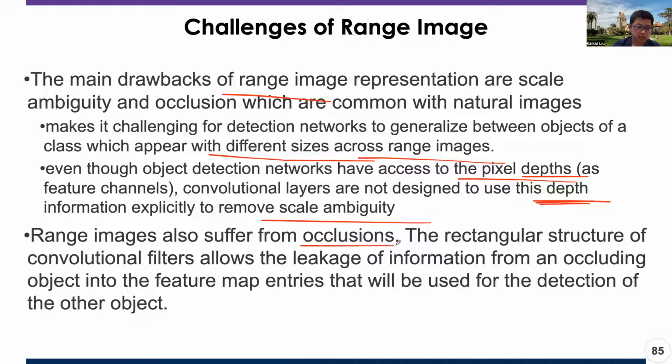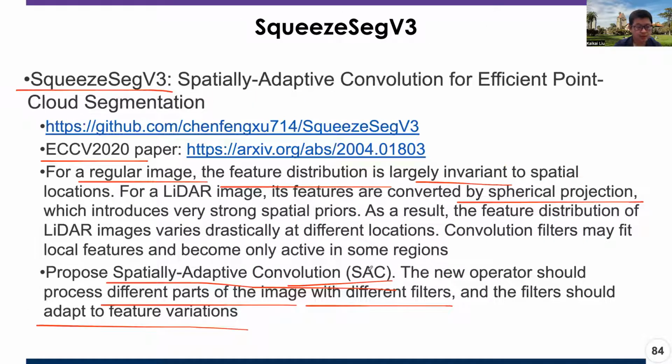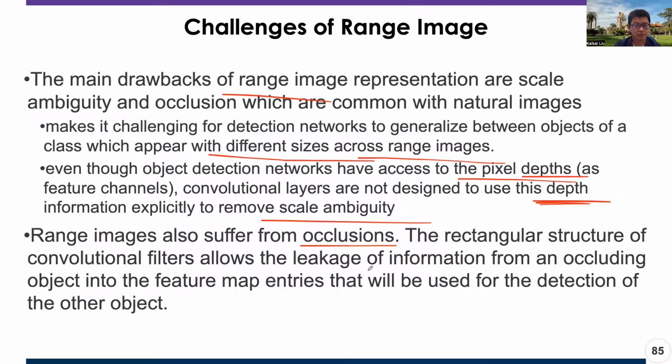So that's why they have these occlusions. Traditional convolution filters didn't really deal with this problem. So that's why they have a new operation mechanism changed in the convolution backbone, called SAC, spatially adaptive convolution. So the major change is in the backbone.